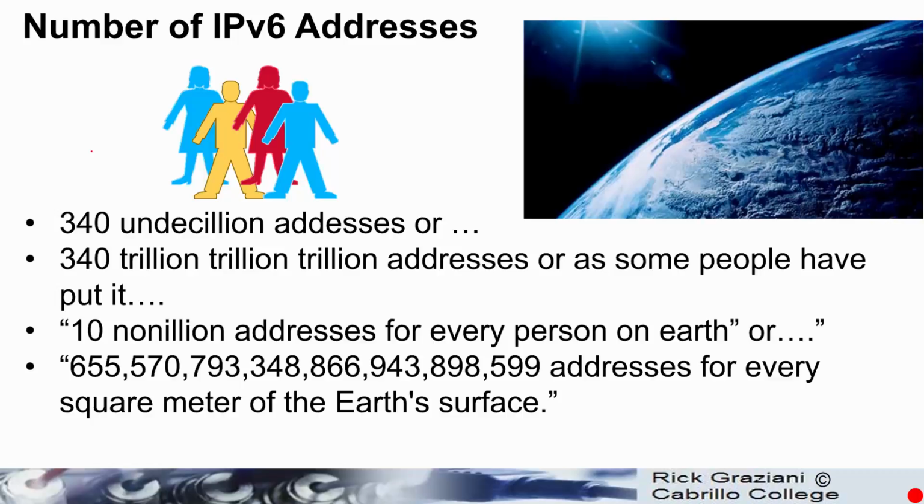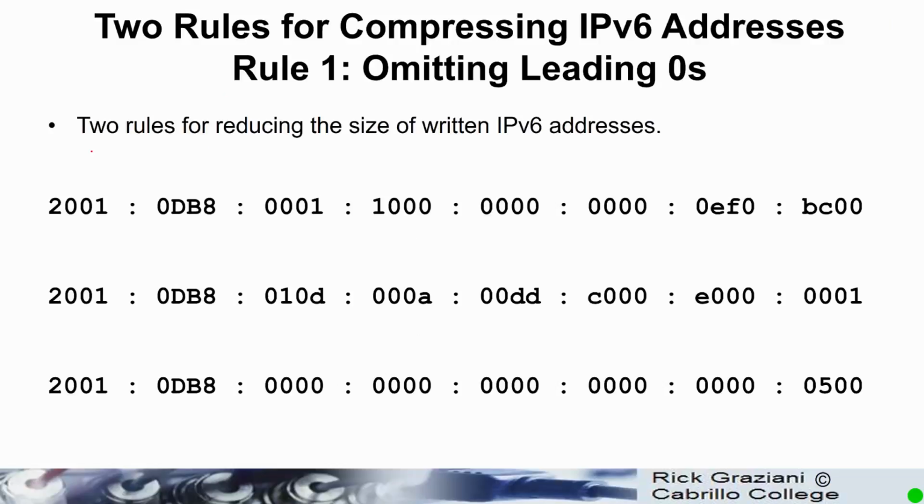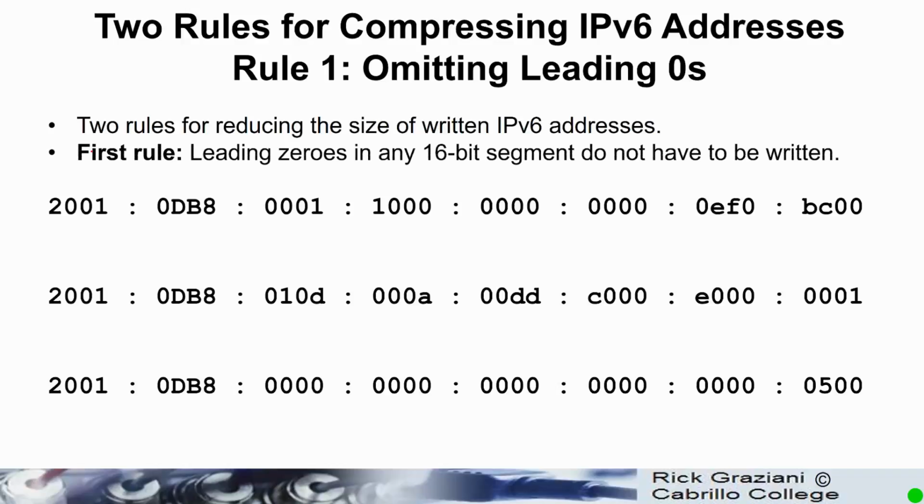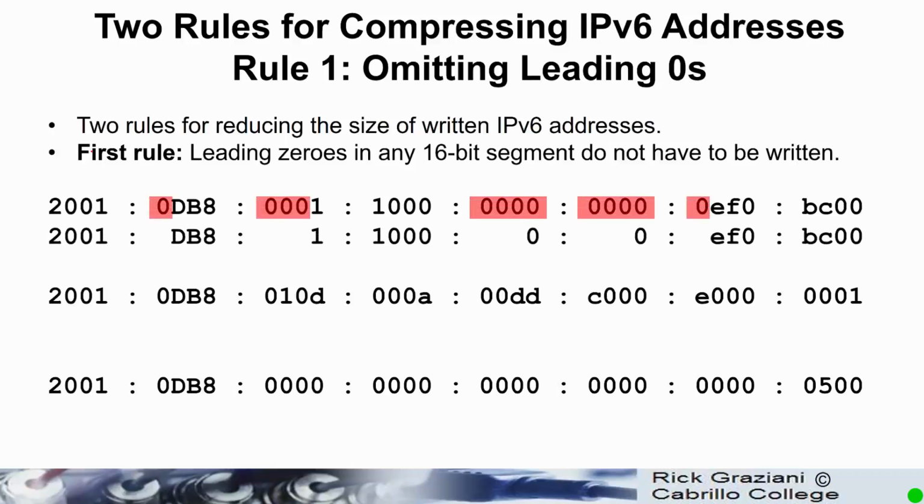So let's look at some rules for helping manage IPv6 better. There are 2 rules for reducing the size of written IPv6 addresses. First of all is the leading zero rule. In any 16-bit segment, you don't have to write leading zeros. So we can remove all of those.